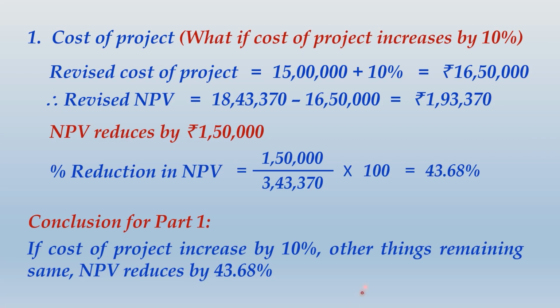So please identify this line, other things remaining same. So we are presuming that life of project remains same, annual cash inflows remain same, discounting rate remains same, only one factor is changing, that is cost of the project. So this part I am going to discuss later also. Let us move ahead and deal with the next part.